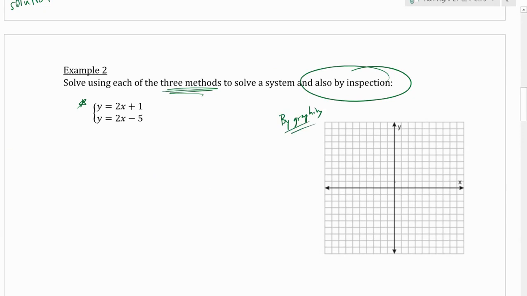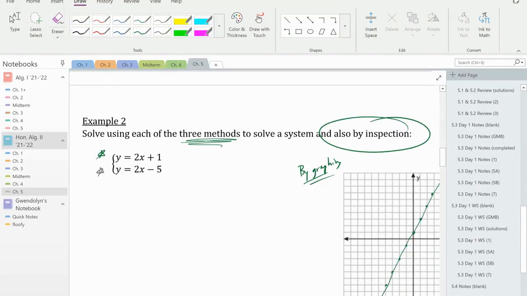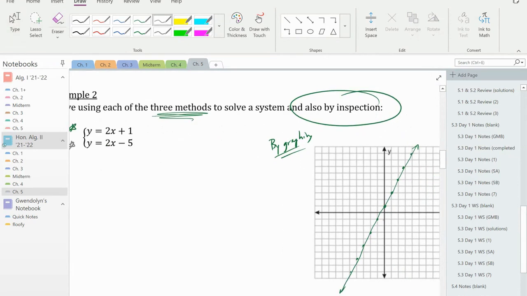We've got a y-intercept of 1. We're going to rise 2, run 1. Okay, got that line. We'll do the other line in a different color. Let's go gray. Y-intercept of -5. 1, 2, 3, 4, 5.